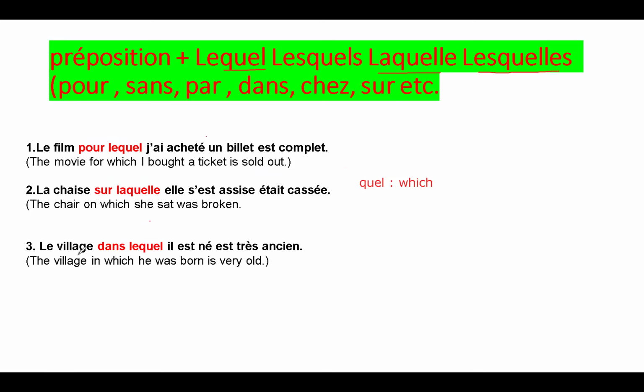Similarly, the third example, le village dans lequel il est né est très ancien. The village in which he was born is very old. Village is masculine, so we use lequel, masculine singular. So lequel, laquelle, lesquels, we use according to the gender of the noun.